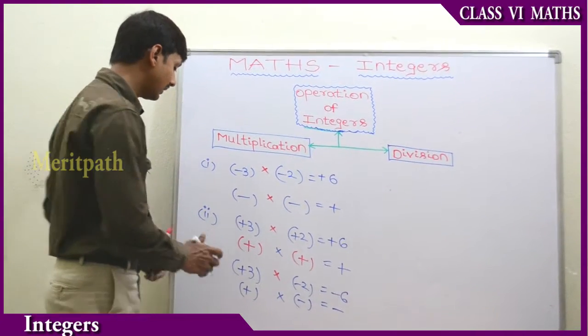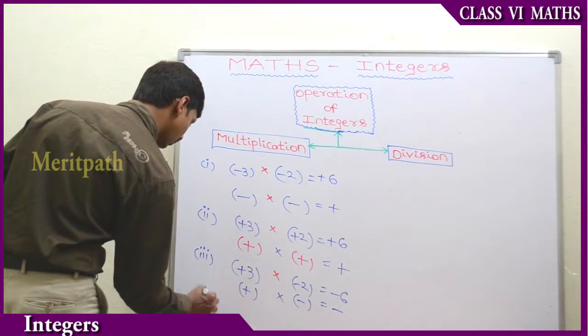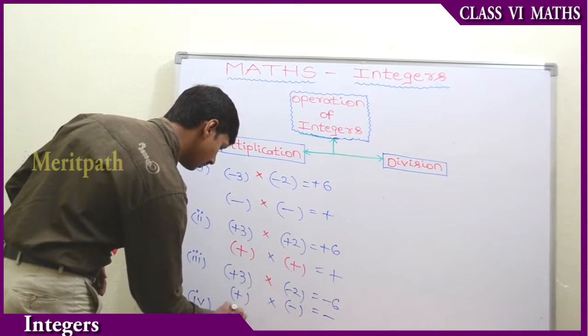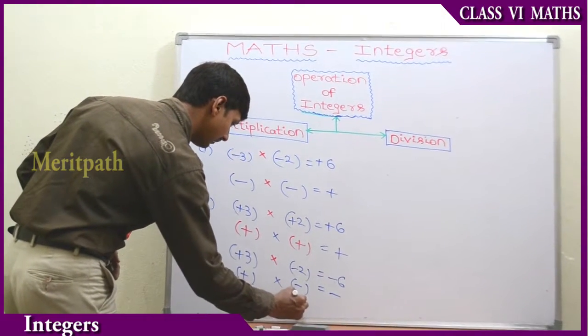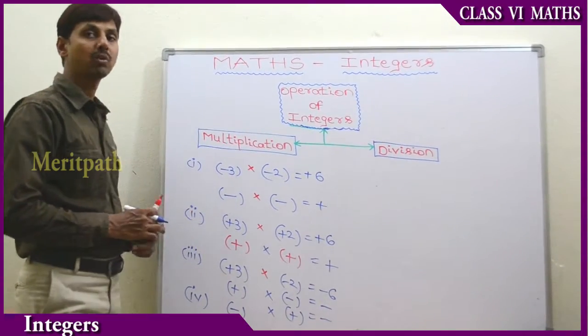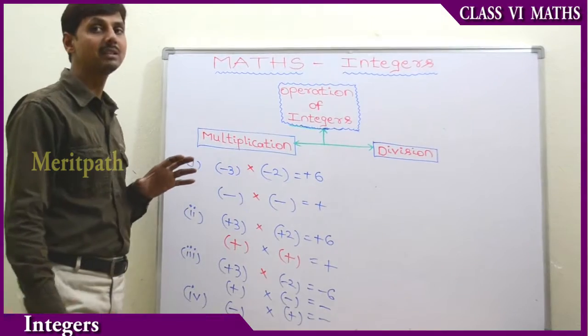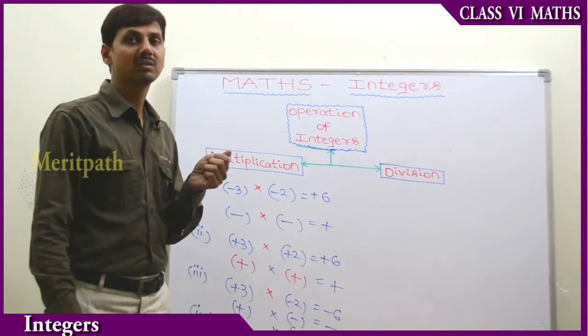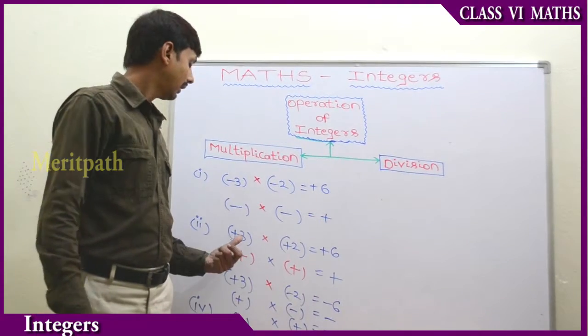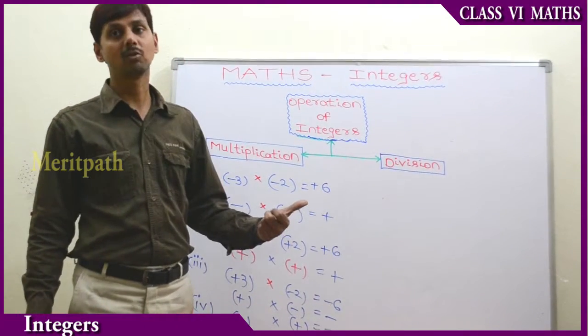Similarly, the fourth case is also seen. The first number has the minus symbol, the second number has the plus symbol, and we'll get the minus sign. So what we understood from this multiplication of integers: two numbers having the same sign, minus into minus is plus, and plus into plus is also plus.